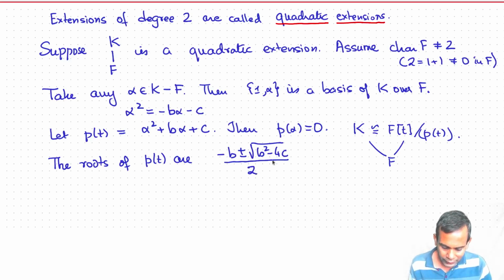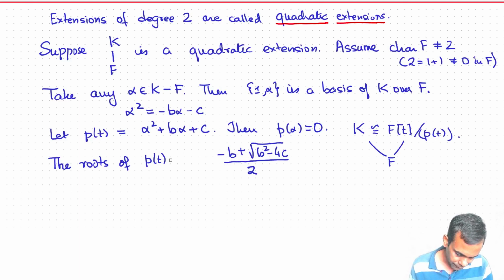There's always a choice of square roots of b squared minus 4c. So let's choose a square root in such a way that this is alpha.